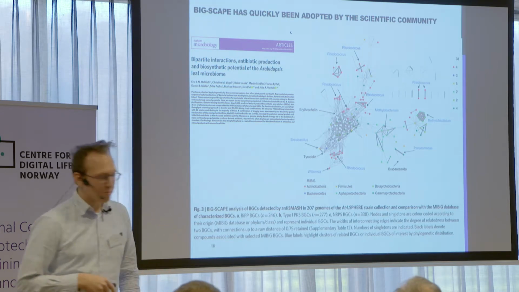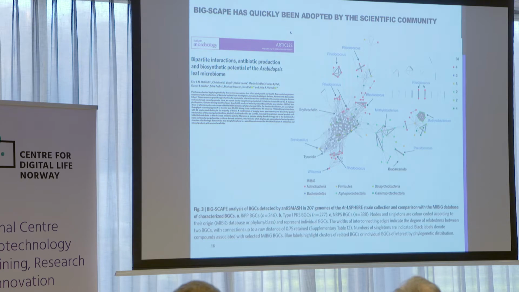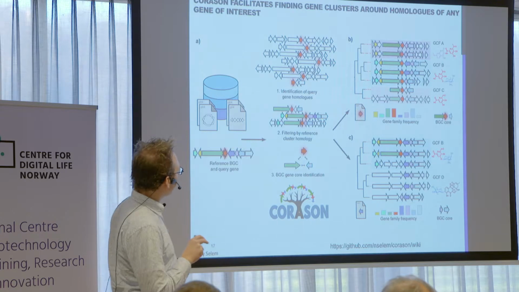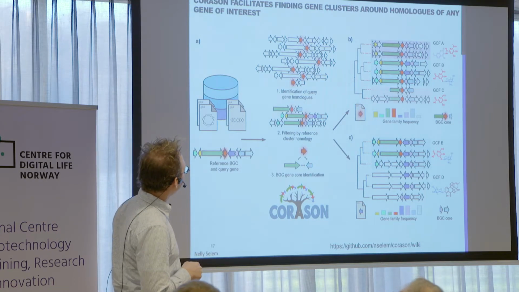This is a nice example of the groups of Jörn Piel and Julia Vohal that used it on the plant microbiome dataset. And for Khorasan, which makes these phylogenies, there's one other thing that is really cool that you can do with this.